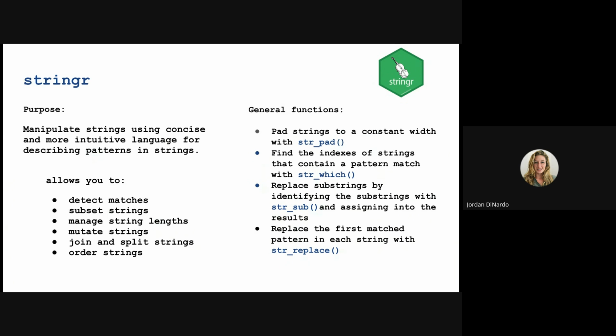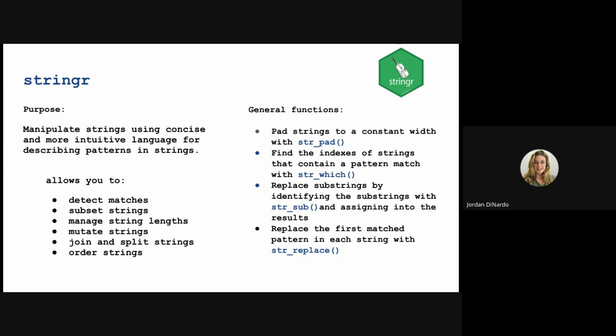So some of the general functions within stringr are listed here. We have str_pad that helps you to pad strings to a constant width. I think the best example here is, say you have a column for month, and you have some months 1 through 9 that just have the number 1, while you have other months like October, November, December that have 2 digits.